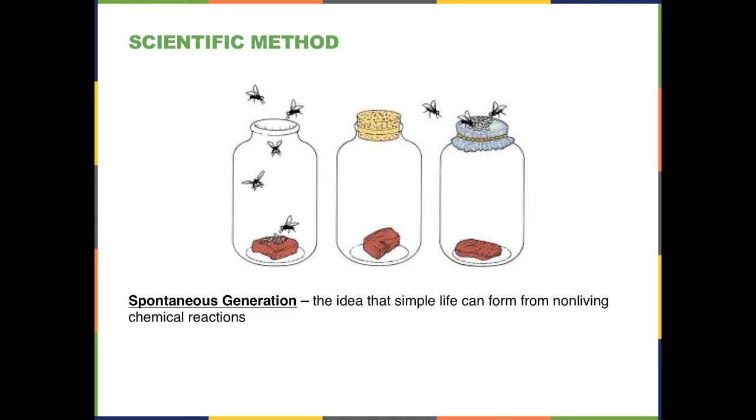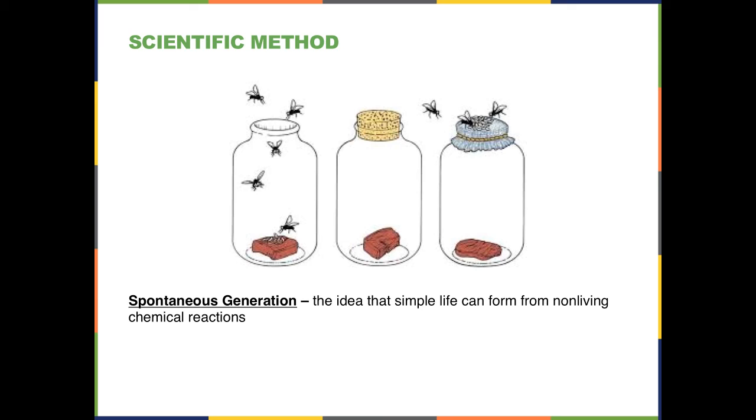So the scientific method was used, and I just use this as an example of how they used the scientific method to prove something else. This was a study to look at spontaneous generation. There was a huge debate in the 1800s about whether spontaneous generation actually occurred. And the idea of spontaneous generation was that simple life can occur from non-living chemical reactions. And so, for example, non-living meat could produce simple life forms, which were maggots in this case.